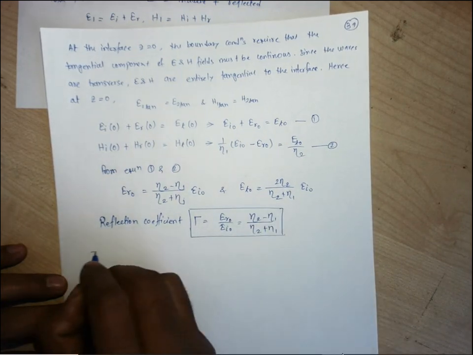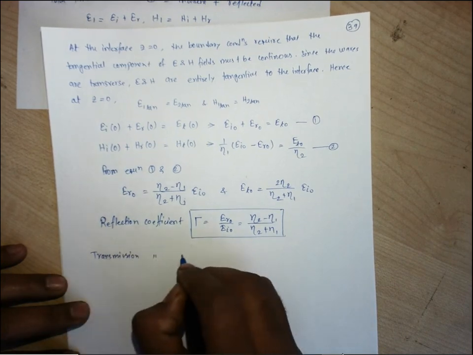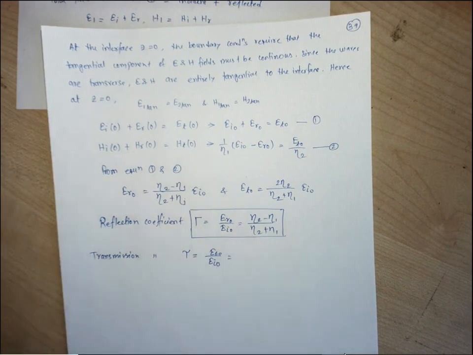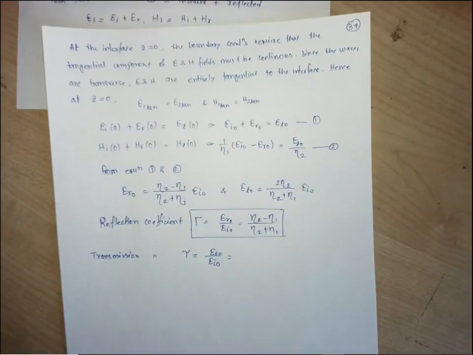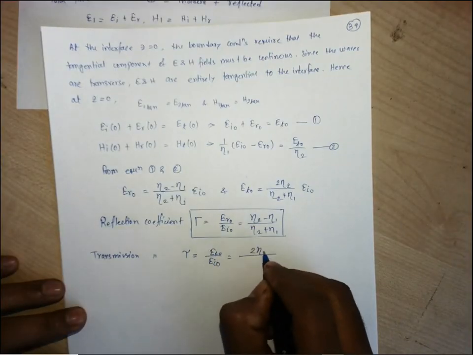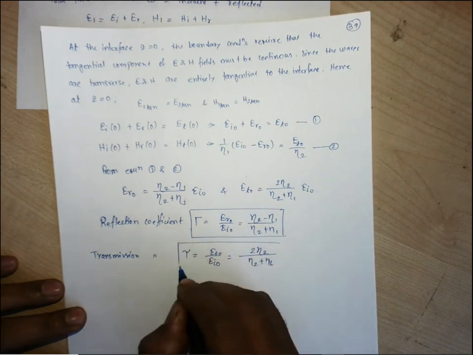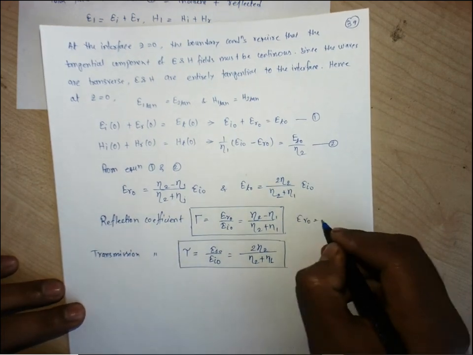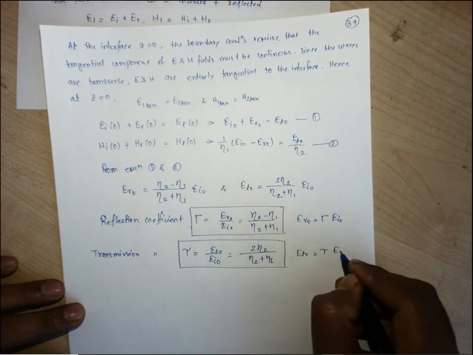The transmission coefficient, given by tau, is transmitted by incident, that is twice eta 2 by eta 2 plus eta 1. So we can find the reflected as reflection coefficient into EI0, and the transmitted as transmission coefficient into EI0.